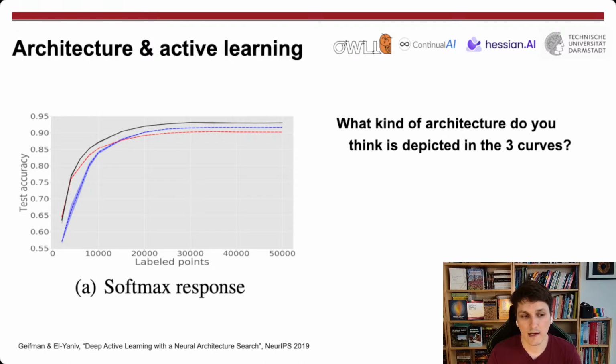On the x-axis, we start querying data points and include them in training. And on the y-axis, we see the test accuracy in a classification problem at any point in time. So pause the video for a moment if you're watching this offline and think about what these three curves could represent and which one is which.